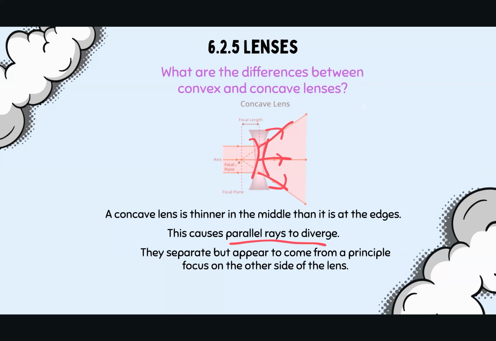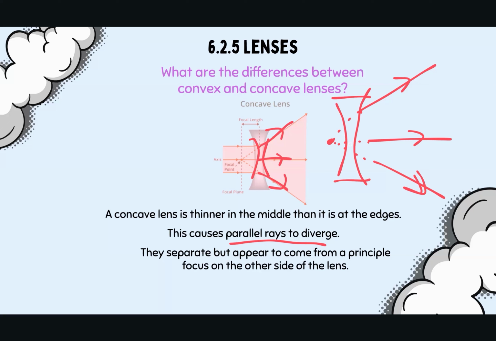Because the rays of light are going outwards like this, you have to track them back. They end up meeting, so the rays of light actually meet before the lens. So the principal focus is before the lens. That usually leads to a virtual image.